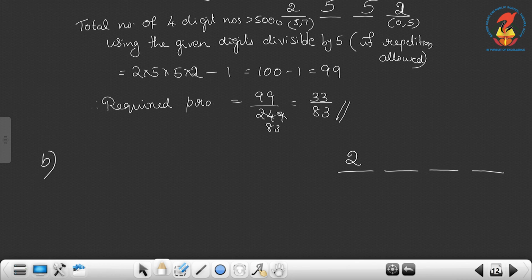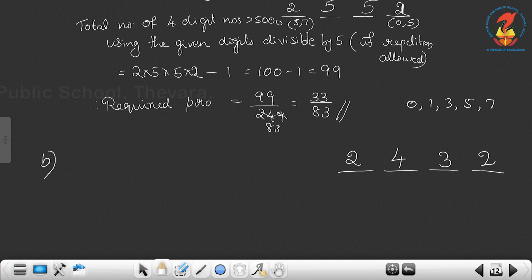When we move to the next place, one digit is already used. The total digits are 0, 1, 3, 5 and 7, total 5 digits given. We can fill the first place in 2 different ways. Then when we move to the next place, we have only 4 digits, so we can fill in 4 different ways. The next place is 3 different ways and the last place is 2 different ways.